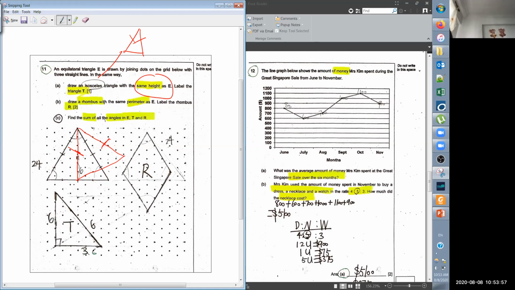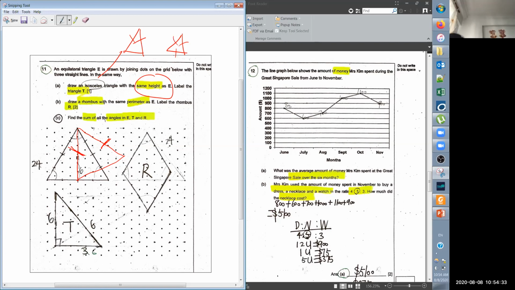I don't care whether it's equilateral or not, as long as I have this side and this side equal. By the way, equilateral can also be isosceles, you know what I mean? Equilateral is more than isosceles.